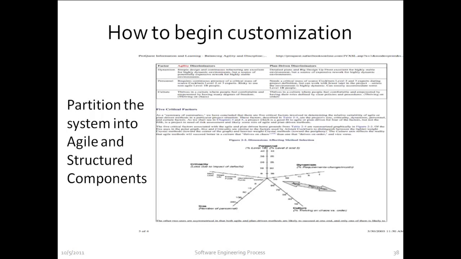So for example, if there is rapid change in the requirements, long-term planning will be useless, in which case a structured approach won't work. If there's a need for rapid results because schedules might be tight, or the customer needs to show something to a sponsor before getting funding for the whole project, then a structured process will work less well.